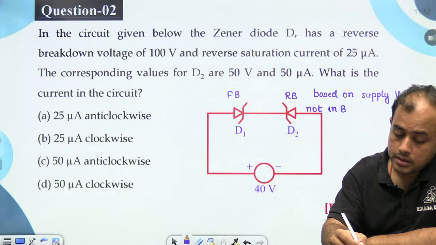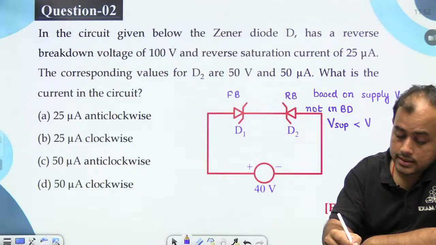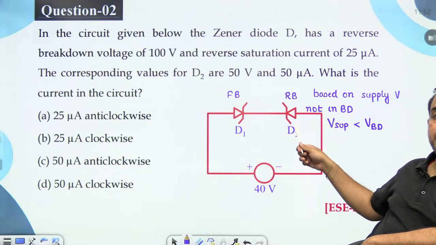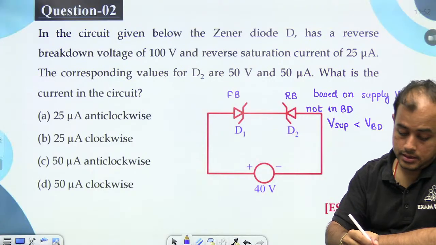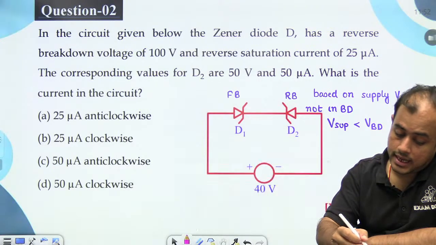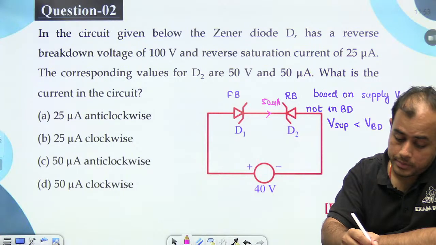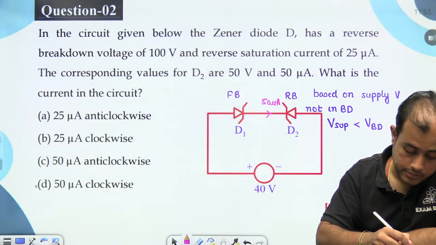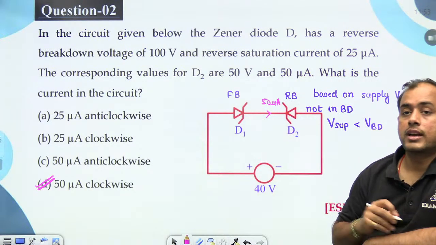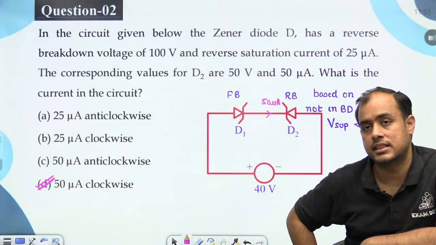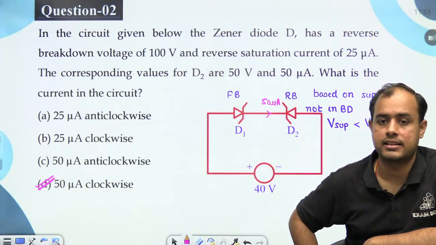Why? Because supply voltage is less than breakdown voltage. Supply voltage 40 and its breakdown is 50. So, beta, this diode will carry a reverse saturation current 50 microampere. So, answer will be D. Okay. The diode that is reverse biased will decide the current.